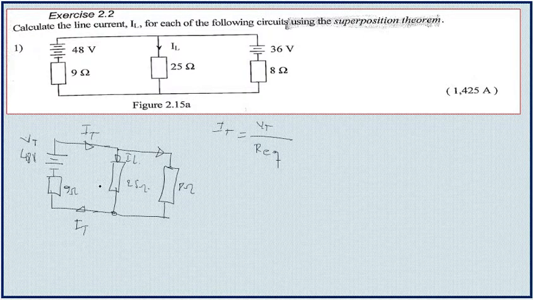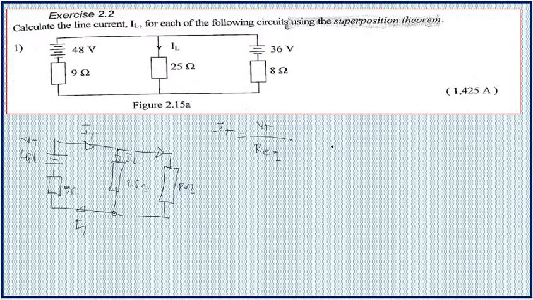We consider the resistances that are in parallel: we have these two resistances in parallel, and then one resistor which is in series with these two.